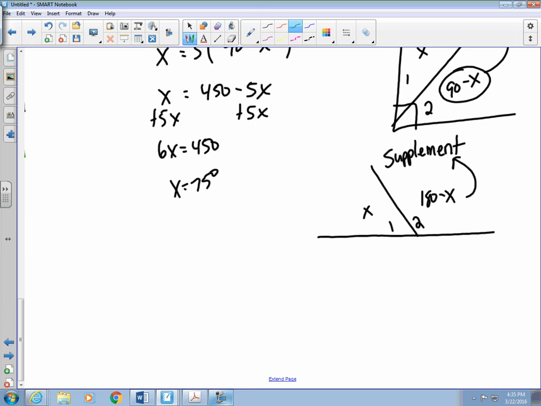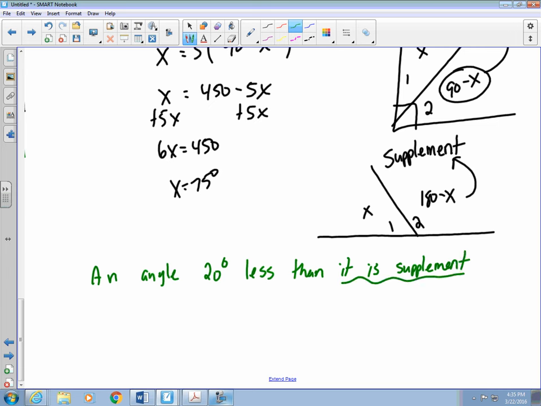So I'm not going to do a full problem, but if it says something like an angle that is, let's see, 20 degrees less than, we'll throw in supplement, something along those lines, just off the top of my head. Since its supplement comes second, which I told you is 180 minus x, that would have to go first.